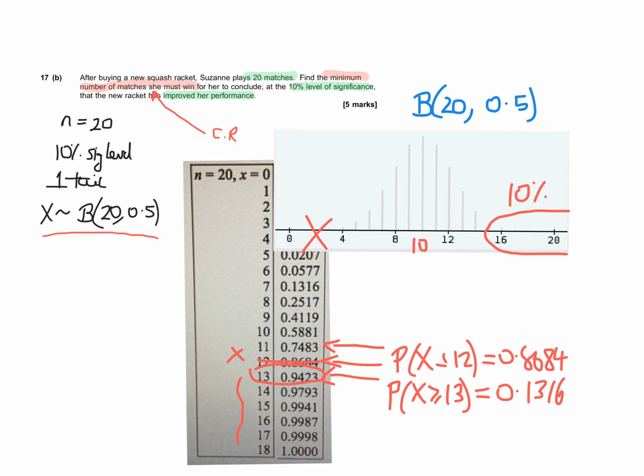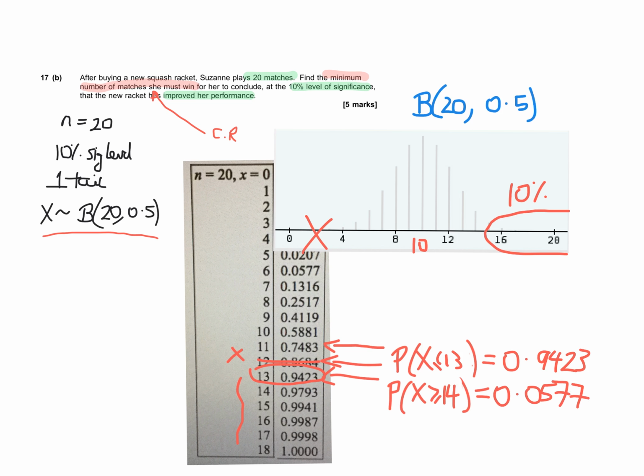And again, I'll erase my calculations so that we can update them to look at that new line. So in the table, we're now reading the line that tells us that the probability that x is less than or equal to 13 is 0.9423. And again, if we think about 1 minus, the probability then that x is greater than or equal to 14 is 1 minus that value, which is 0.0577.